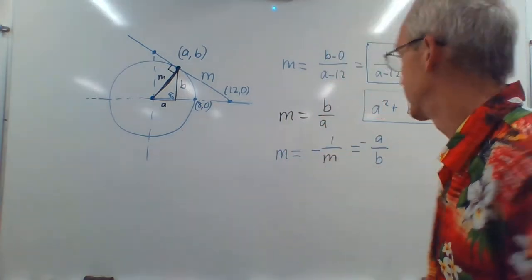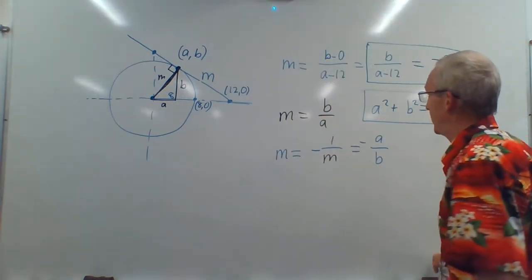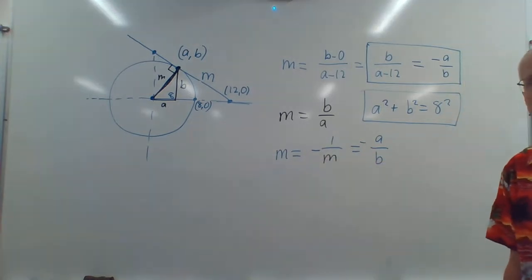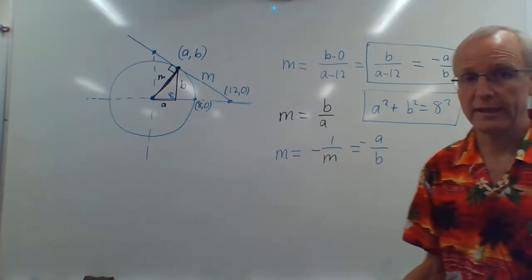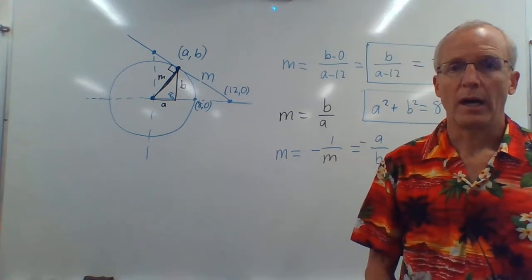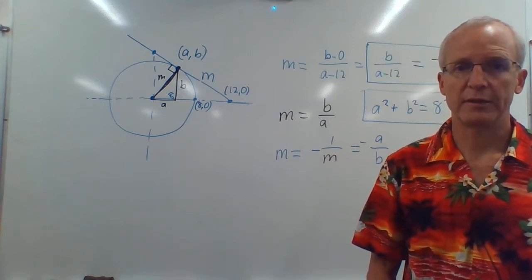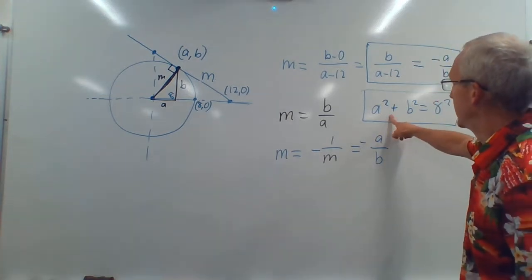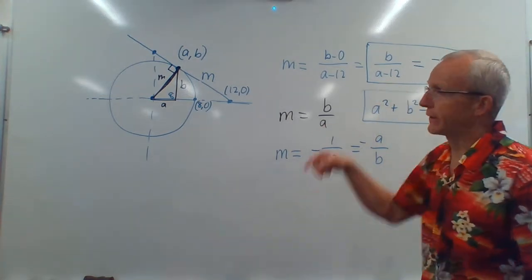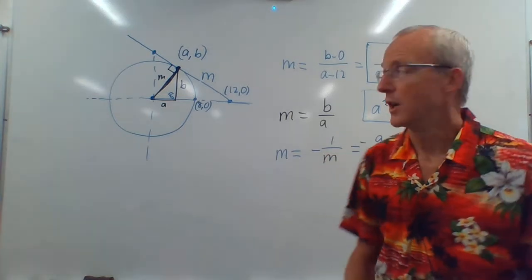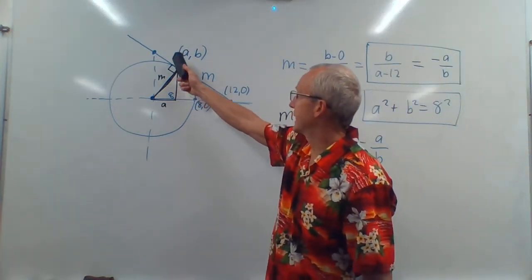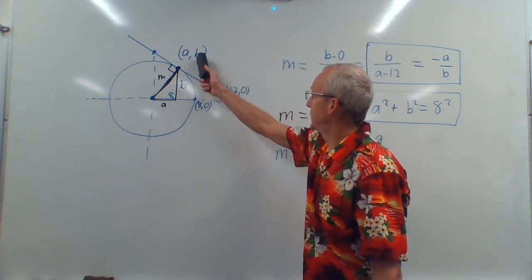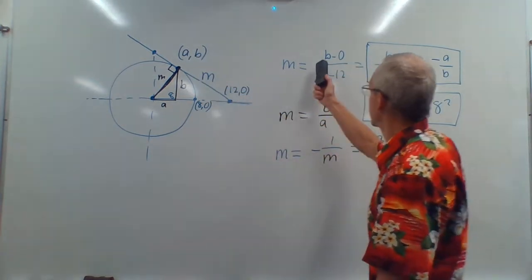So, okay, let's find A or B. I'm going to erase this stuff here, how we found the slope. Hopefully I have all that down. So again, the trick here is, and this is going to happen a lot, whenever you have a tangent line to a circle like this, first we have the circle equation, and then we have to get another equation by writing the slope two different ways. We call the point something like AB, and then we just use a simple slope formula, B minus 0 divided by A minus 12, this one.